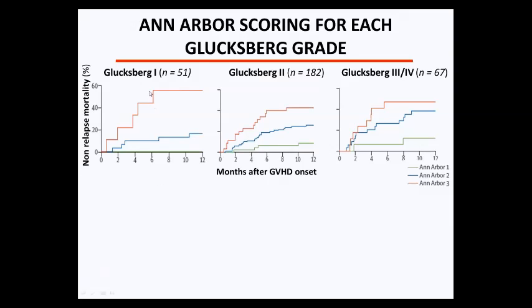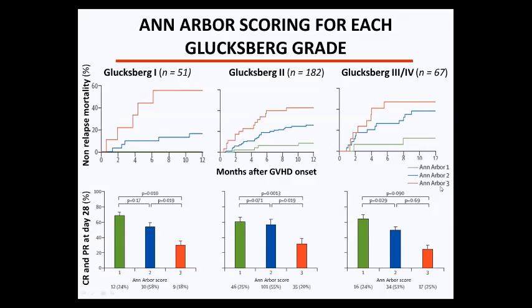I want to draw your attention to the fact that within each one of the Glucksberg grades, I can stratify those patients that present clinically as 1, 2, and 3, 4 as being ANOVA 1, 2, and 3. If I look at the proportion throughout those different clinical gradings, you're going to see that they all divide in very similar percent throughout those different clinical manifestations.